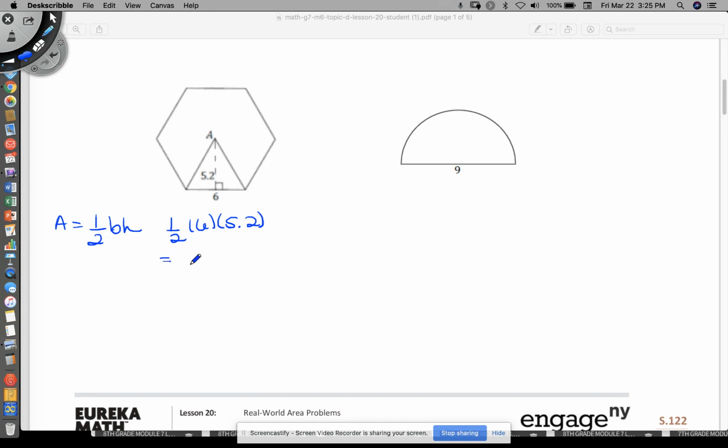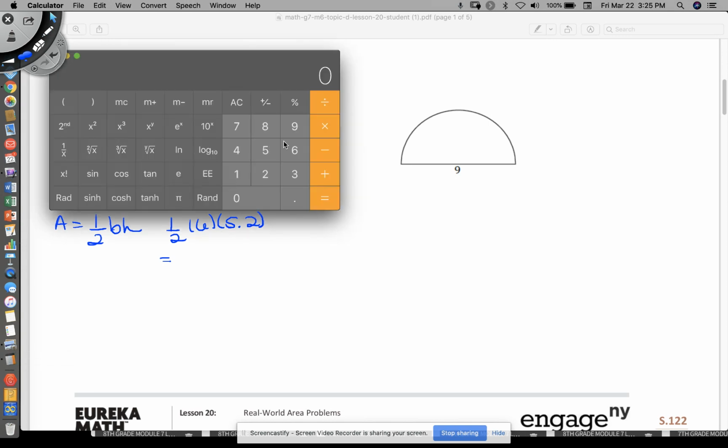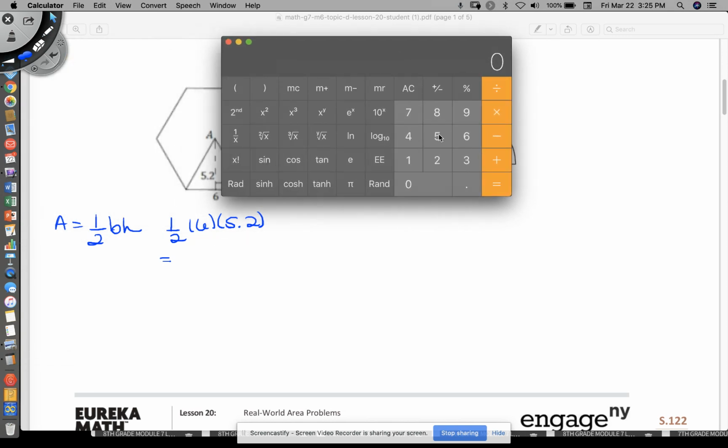And that's going to give me, let's see, just go ahead and pull up my calculator here, kind of help us out. So say 5.2 times 6 gives me 31.2. So we're going to say half of 31.2. So on your calculators, we're going to come up here and just go ahead and divide that by 2.